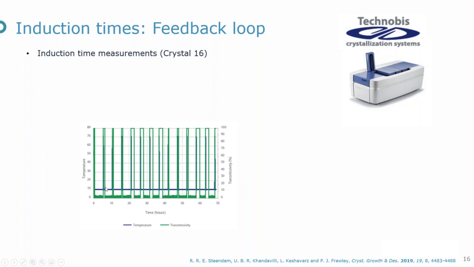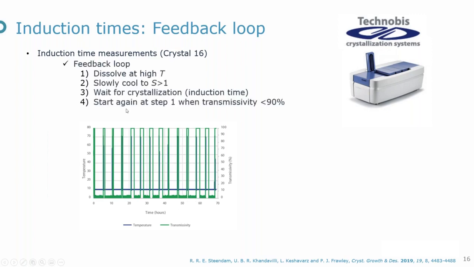once you know the induction time, you can actually move on to the next experiment. So what we used in our experiments is a feedback loop, also part of the Crystal16, where we started the next experiment when the transmissivity was below 90%, so when crystals were present.